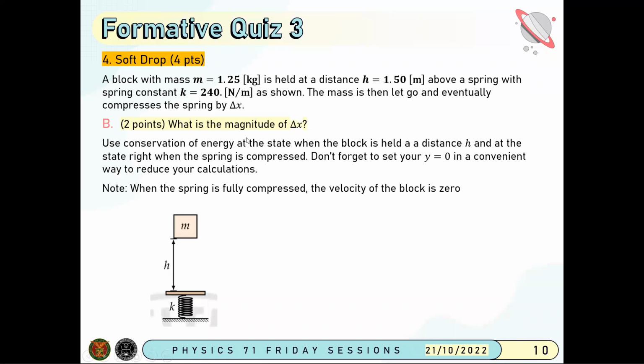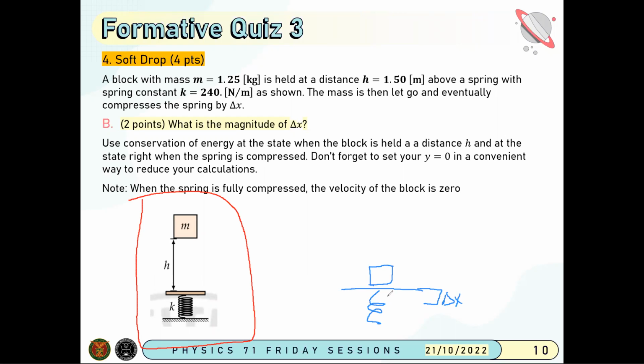Next question, what is the magnitude of delta x? Ngayon, ano yung maximum compression ng spring, delta x? So dito, ang initial state natin is still the same. We can just take this as our initial state, but then our final state would be yung mass na na-compress niya na yung spring.